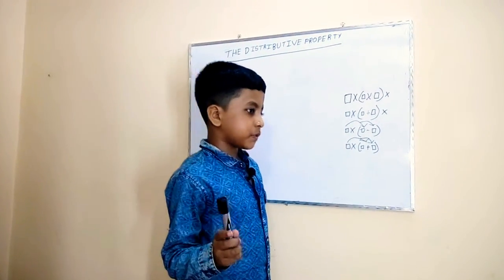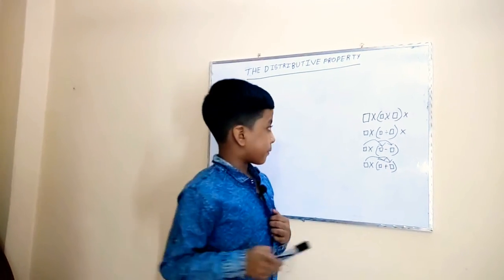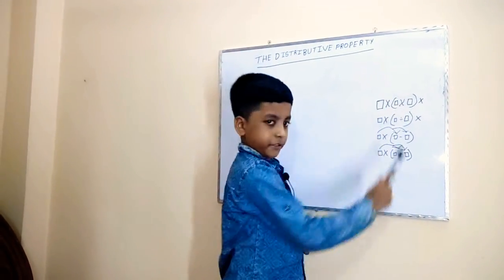But the distributive property does not apply when the group members are being multiplied and divided.